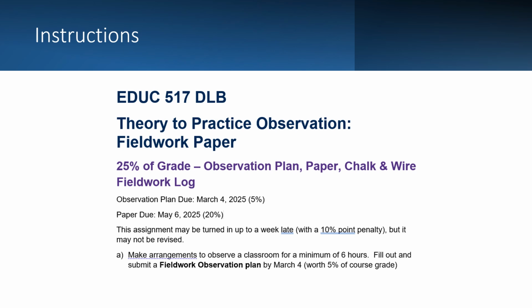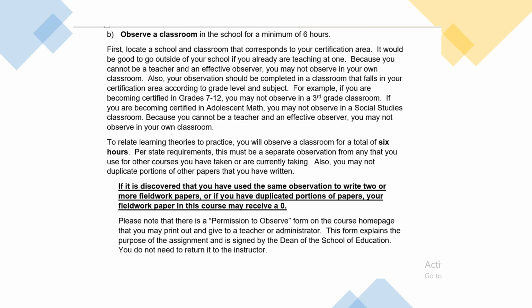Not 10 hours, because we allow 4 hours for planning and writing the paper. So you're responsible for observing for 6 hours. You're going to fill out the observation plan that I'll show you in a minute, and then you're going to get approval from the professor, from me. Then you'll start your 6 hours of observation.